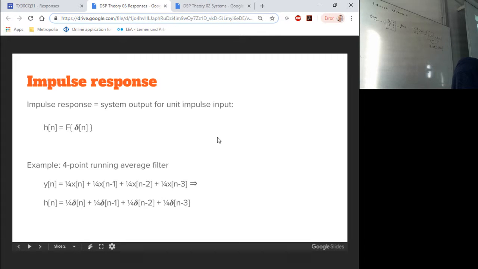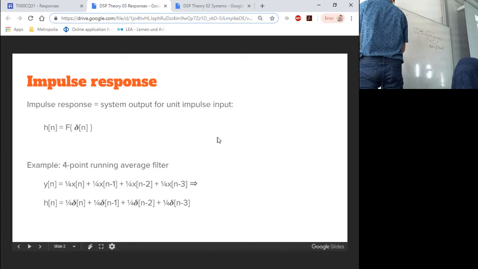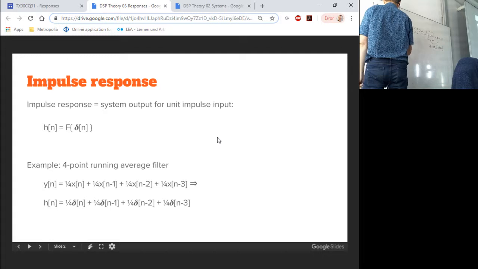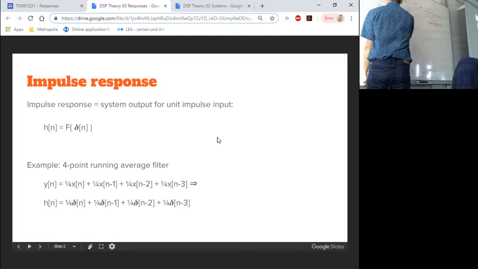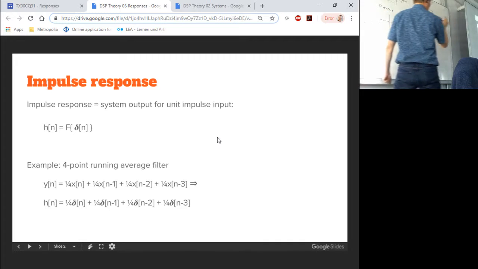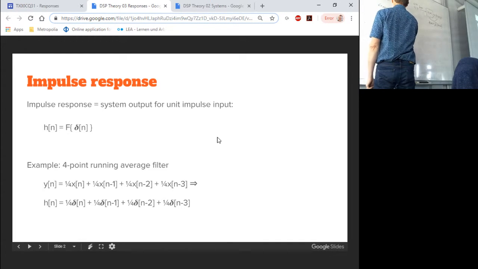All right, so now there's an example of a 4-point running average filter. Y of n equals that. We just have the delta input, which means for the simple 4-point running average filter, the impulse response has 1/4 of delta at 0, 1/4 of delta at n-1.